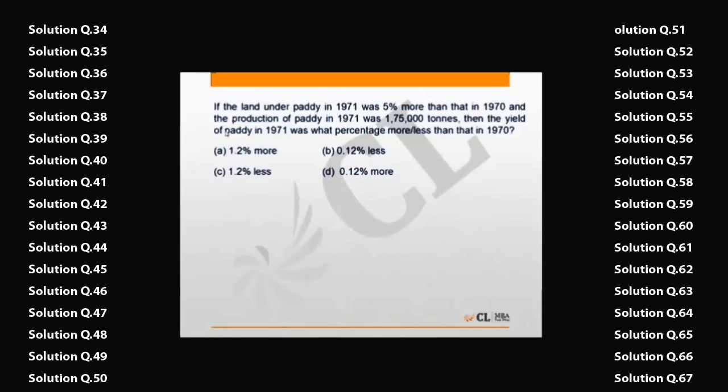In this question, we have been given that the acreage of paddy has gone up by 5% and the production has gone up to 1,75,000.